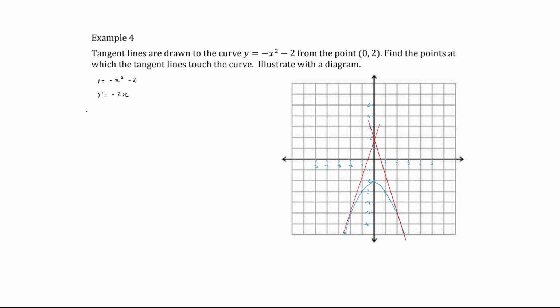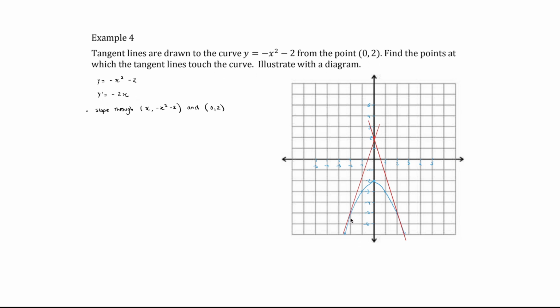So any slopes through the point x comma negative x squared minus 2, right? And the point 0, 2 are going to satisfy the condition that we want.